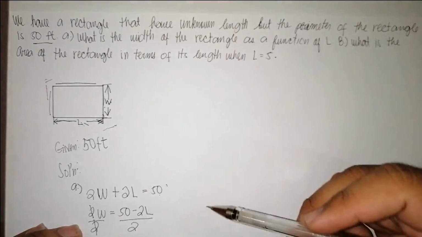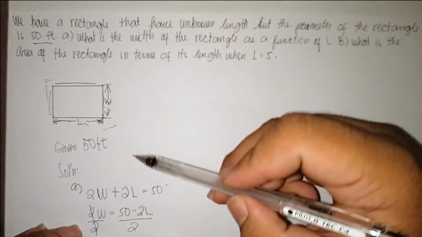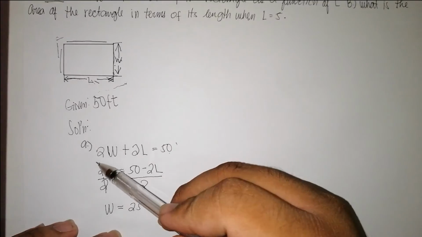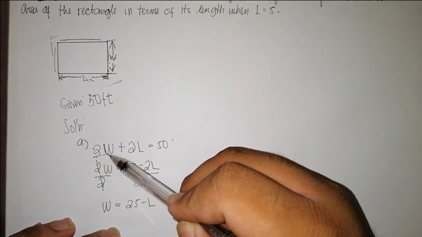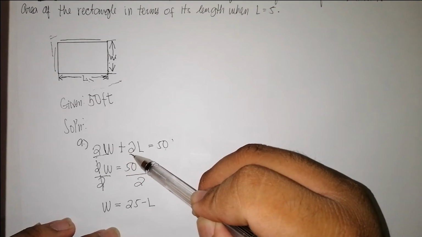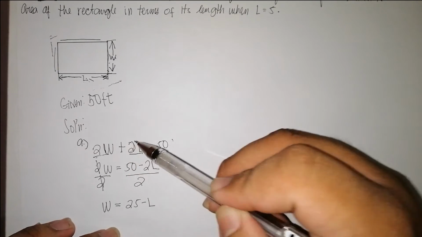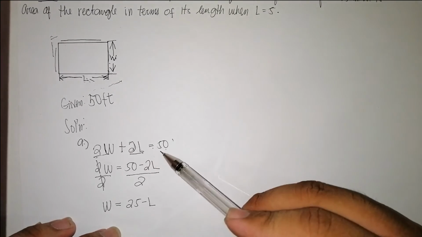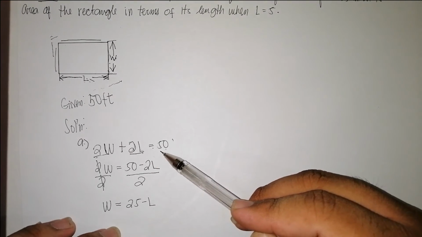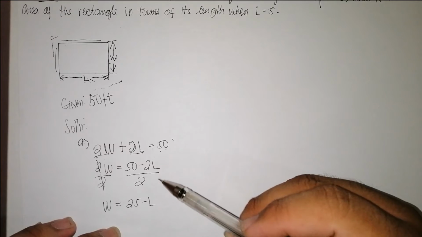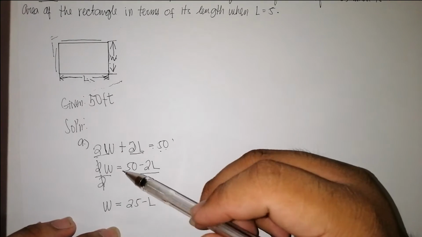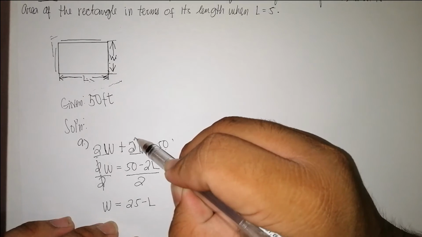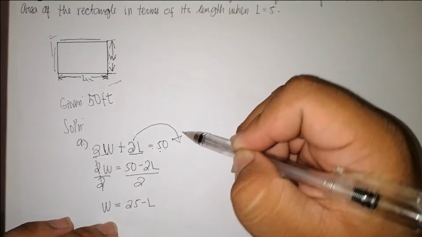As I have said, a rectangle has 2 widths, that's why I put 2W plus 2L, and it is equal to the given perimeter, which is 50. So to get the width of the rectangle as a function of L, we simply transpose 2L to the other side here.